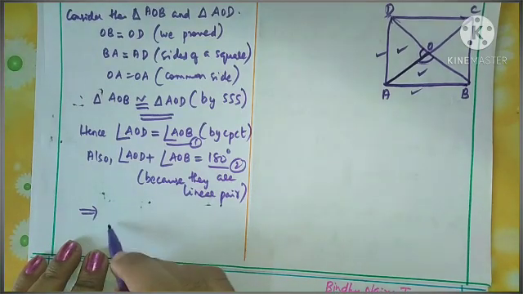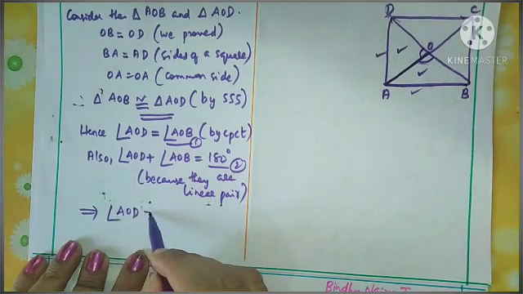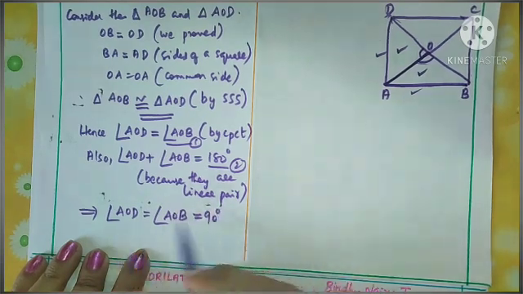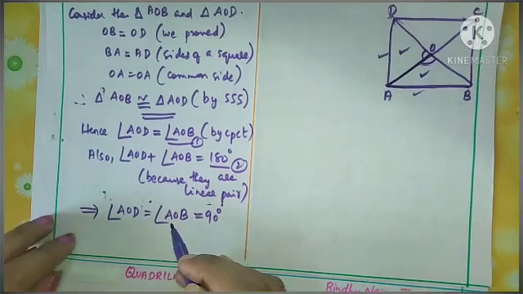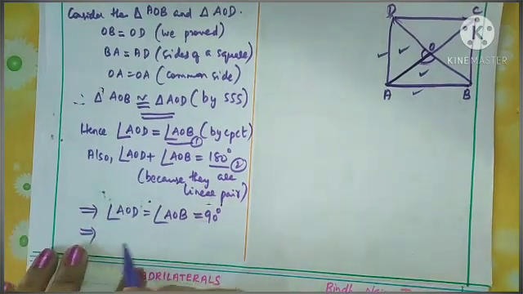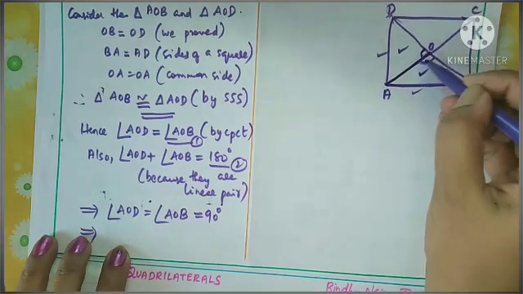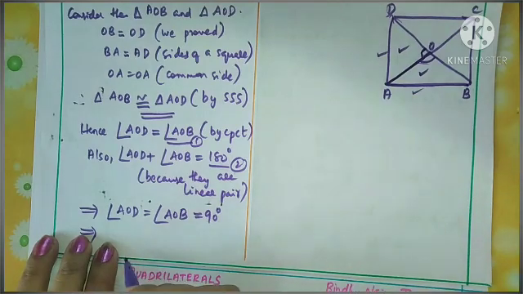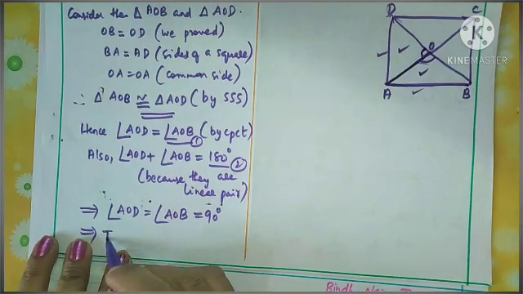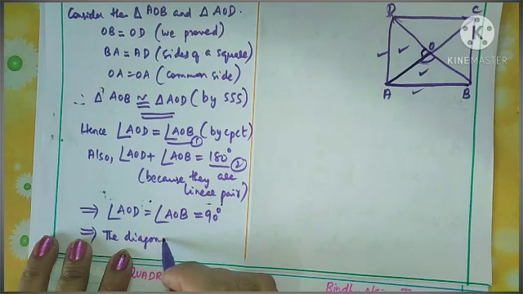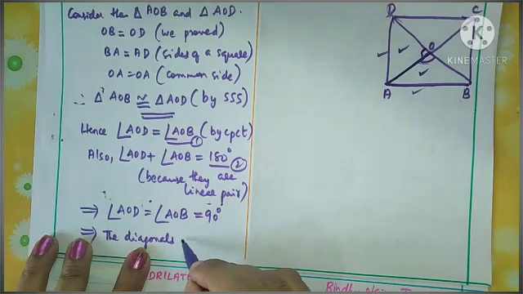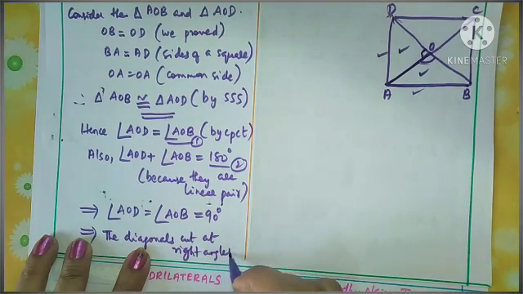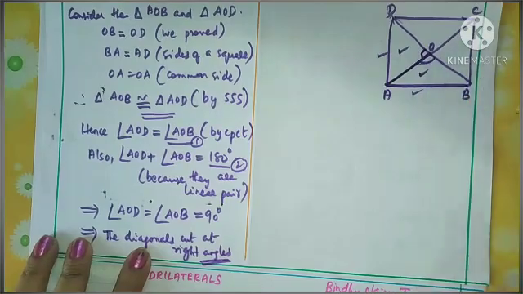So this implies angle AOD and angle AOB are equal and each is 90 degrees. Understand? So what does it mean? Because this is 90 degrees, the diagonals are cutting at right angles. So the diagonals cut at right angles. Okay, so we proved they cut at right angles.